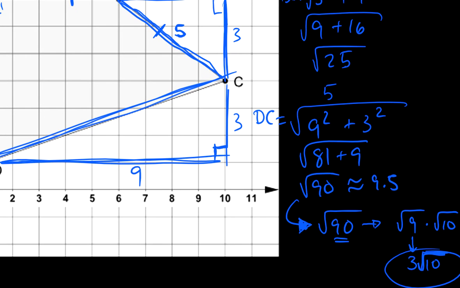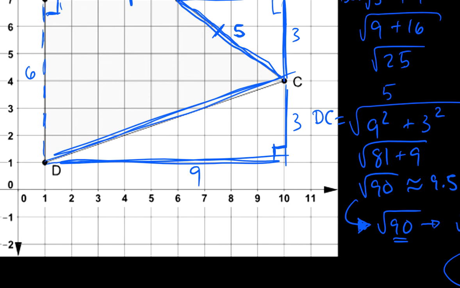Okay, so I think I have all the information that I need now to figure out the perimeter. There was a 6, there was a 5, there was another 5, and then we just figured out the last segment, DC, is about 9.5. So if I add those, this is 10, and then 6 and 9 together make 15.